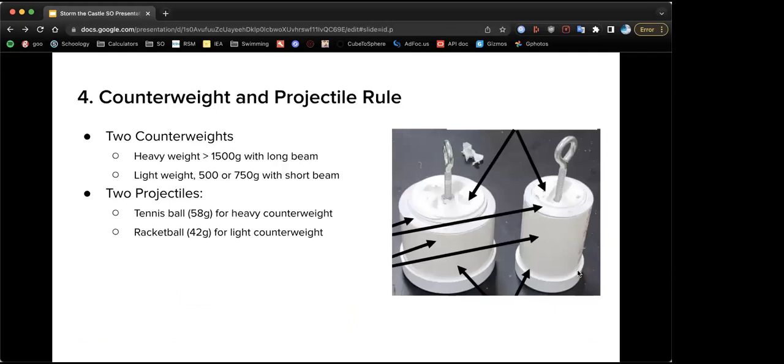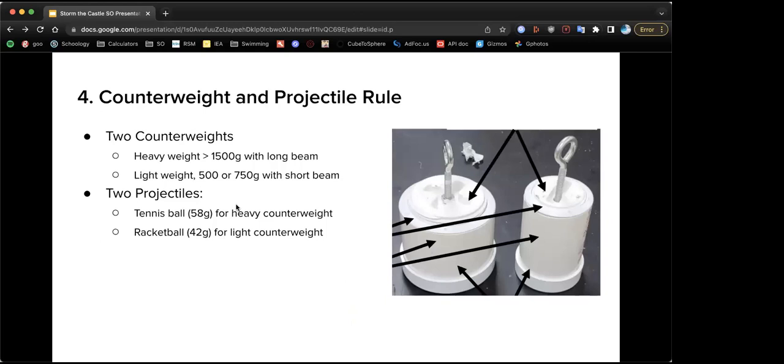The counterweight and the projectile rule. Basically, the counterweight and the projectiles are set by your competition hosts. Last year when I took the event, there was a heavier weight and a lighter weight in any competition.